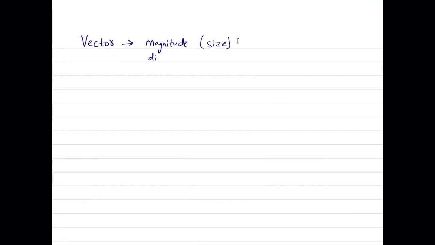If you remember, a vector has both magnitude. What is magnitude? It's the size of the vector, and the direction. Both quantities are required to denote a vector.